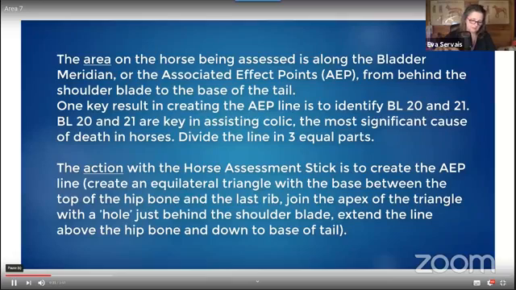The action with the horse assessment stick is to create the AEP line. To do this, create an equilateral triangle with the base between the top of the hip bone and the last rib. Join the apex of the triangle with a hole just behind the shoulder blade. Extend the line above the hip bone and down to the base of the tail.